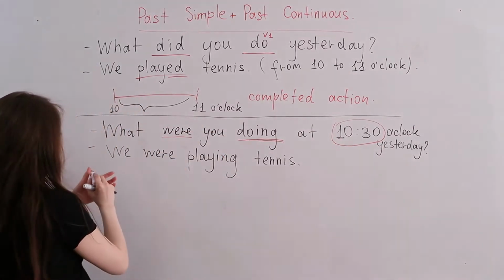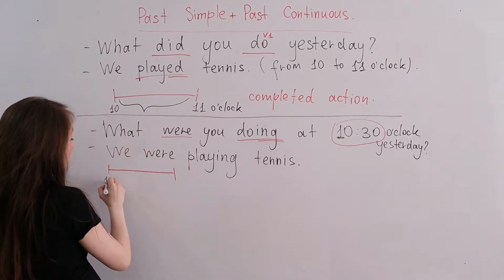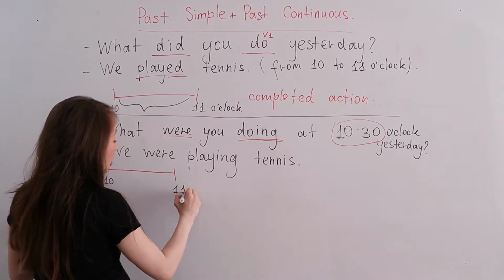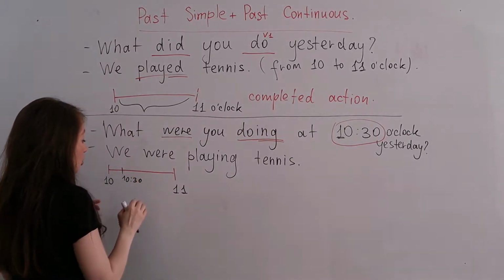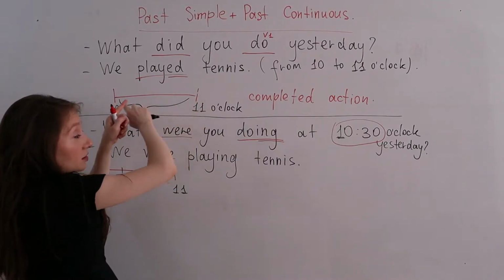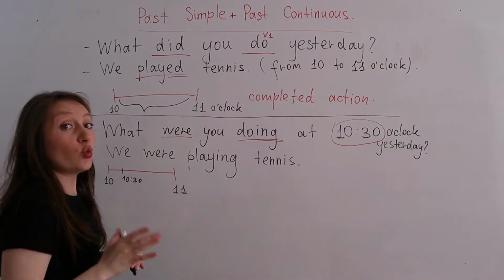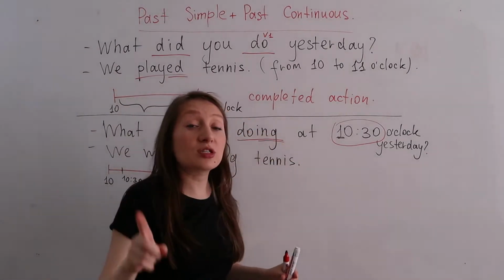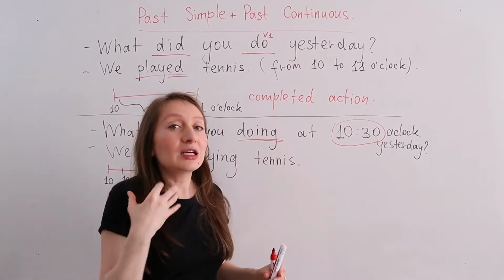Right? So from the picture, it looks like that. So you see 10 o'clock and 11 is here. So 10:30 is kind of here, right? So we know that this 1 hour, like you play tennis, and at this moment, you were playing it. There was a process, duration of the process, right?